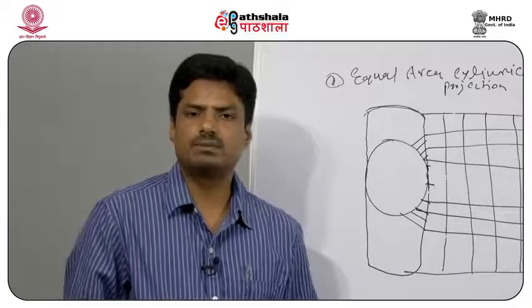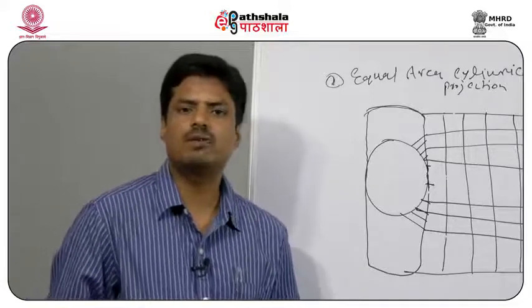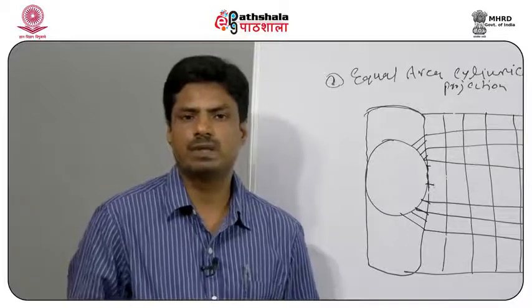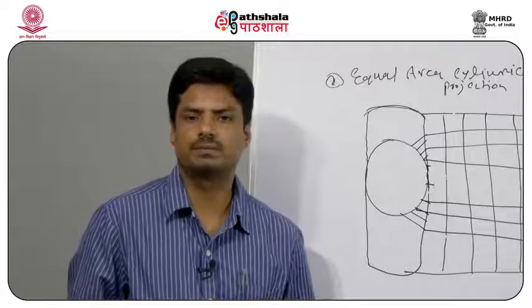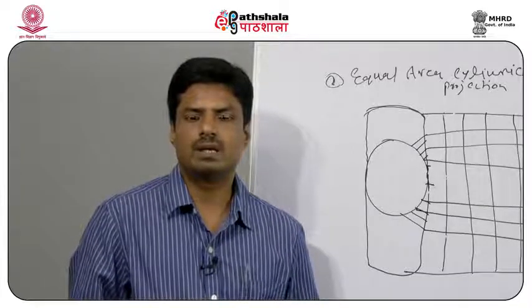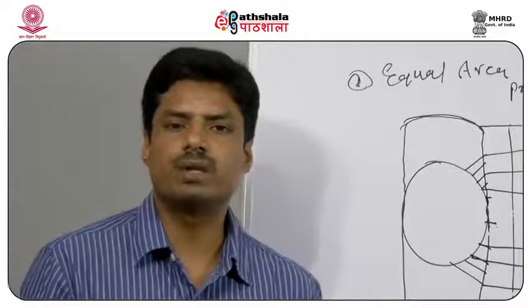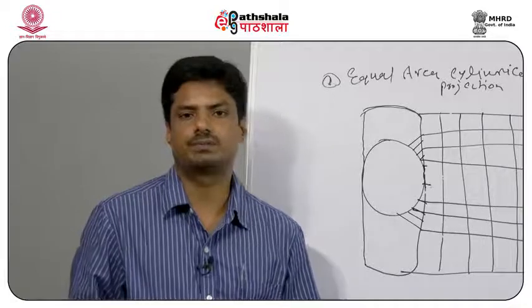Mercator was a native of Britain, and you know Britain was a sea power at that time. The most important thing in Mercator's projection is that it is orthomorphic, which means it is true in shape, and also it is true in direction.